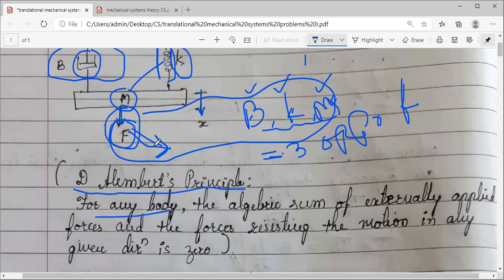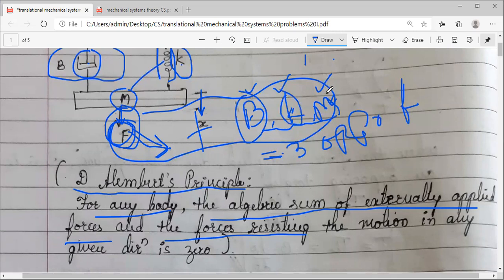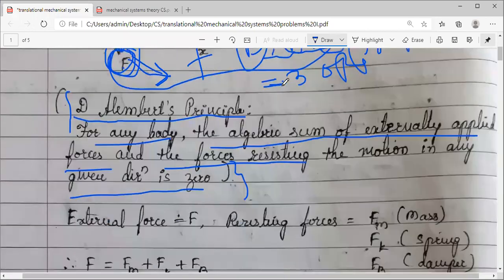For any body, the algebraic sum of externally applied forces and the forces resisting the motion, that is FB due to the damper, FK due to the spring, FM due to the mass, all together is equal to 0. Again, this is your law of conservation of energy, right?